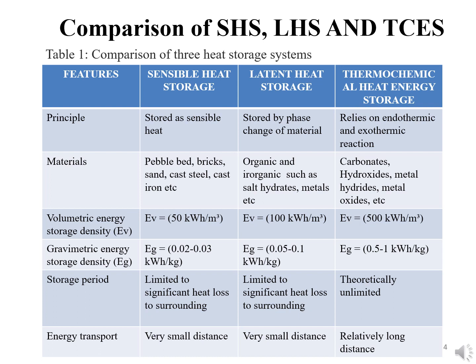The point to be noted here is the volumetric energy storage density of TCES, which is very high at around 500 kilowatt hour per meter cube compared to sensible heat storage and latent heat storage. Also, the gravimetric energy storage density is nearly 1 kilowatt hour per kg of TCES. Storage period, when calculated, was found to be theoretically unlimited in TCES, and also we can transport relatively long distance in TCES compared to the other two.